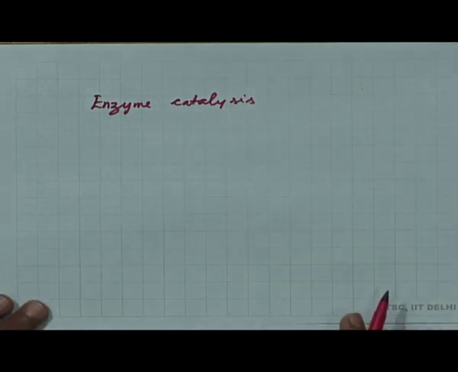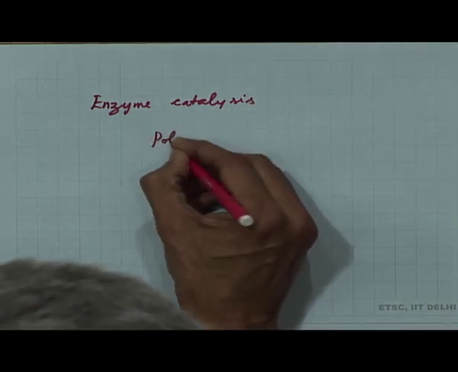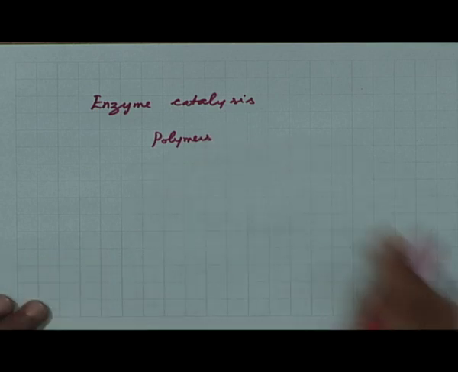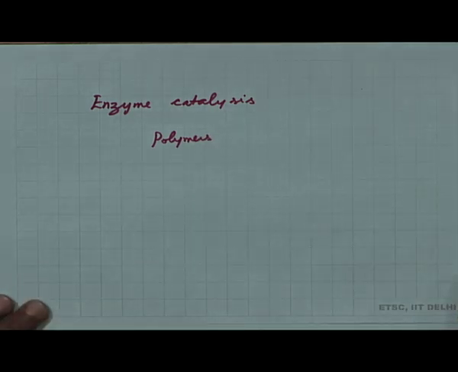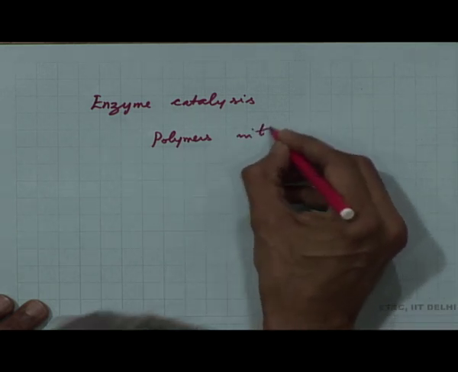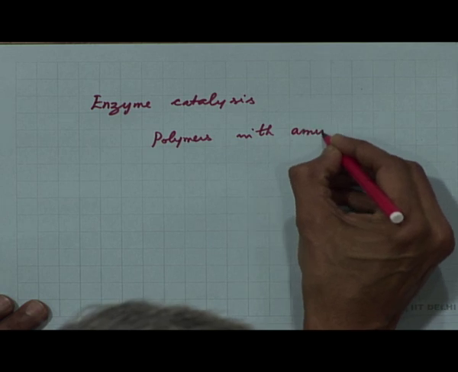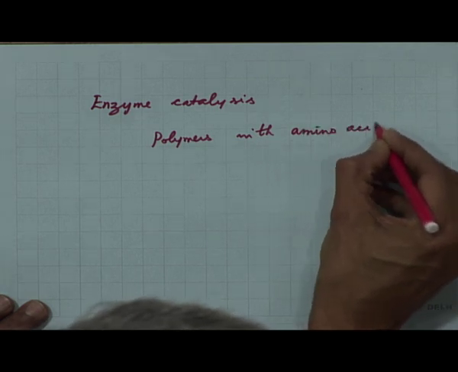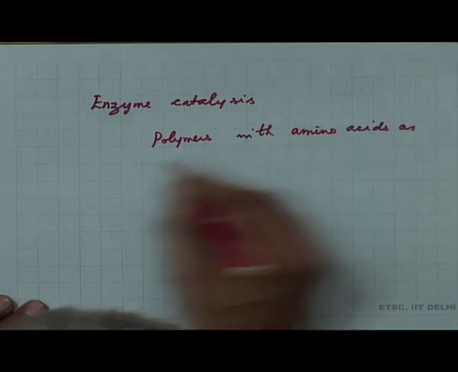Now, enzymes are polymers, and you might have encountered this in your study of organic chemistry. These are polymers with amino acids as the monomers.